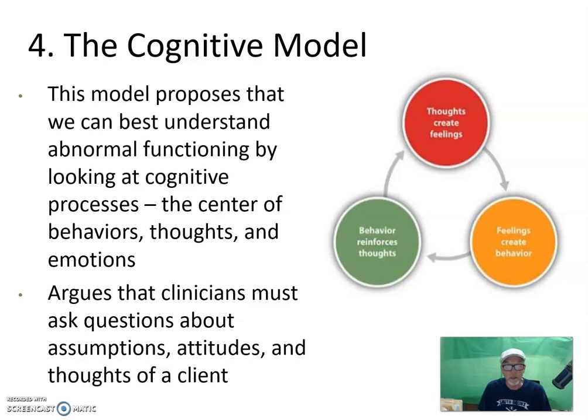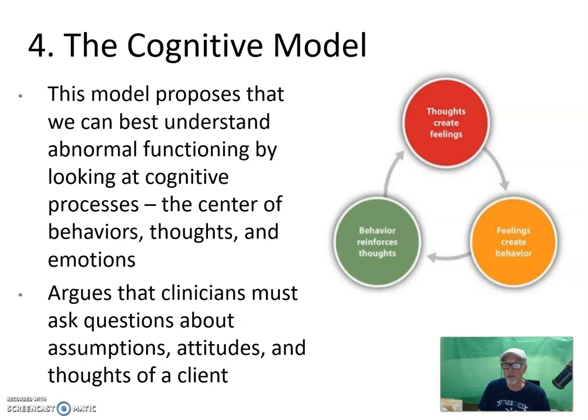So it argues that clinicians must ask questions about the client's assumptions of the universe they're in and their place in that universe, how they develop those assumptions, were they logical or illogical, their attitudes, and the thoughts that their client has. And you can see in this triad, the cognitive model really espouses that thoughts create feelings, feelings create behavior, and behavior reinforces thoughts.